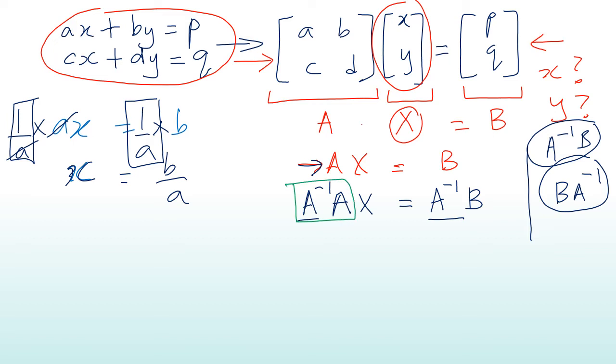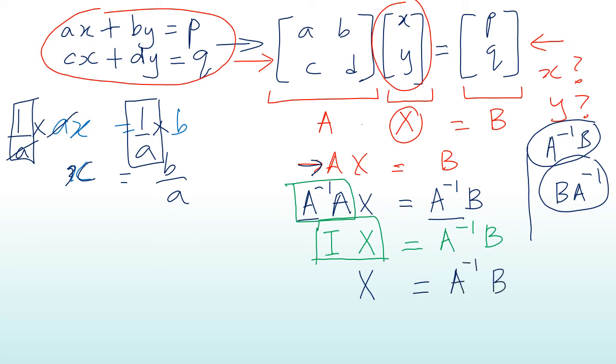This will become the identity matrix. So the identity matrix times X equal A negative 1, or A inverse, times B. You know that when we multiply the identity matrix with another matrix, you get back the same matrix, X equal A inverse times B. So we got a formula. Yes, you will know your X. Your X is what?